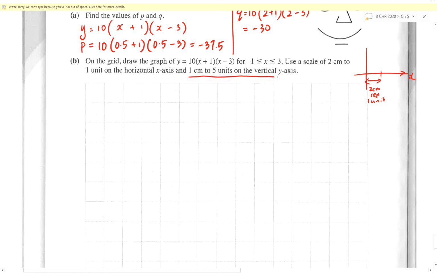Alright, so 1 cm representing 5 units. So this is our y-axis. For every 1 cm, it represents 5 units. So you go 5, 10, 15. Whereas on horizontal, it will be 1, 2, 3.